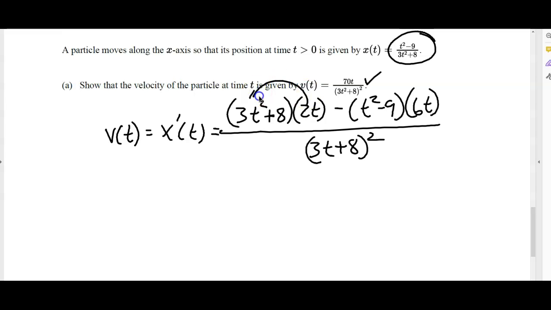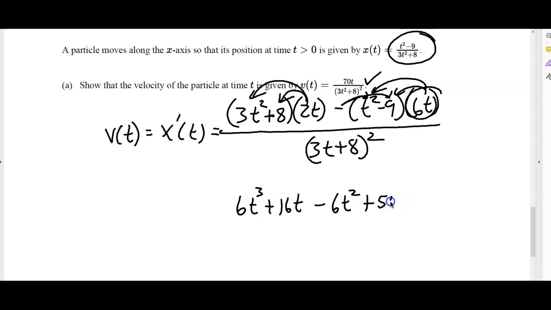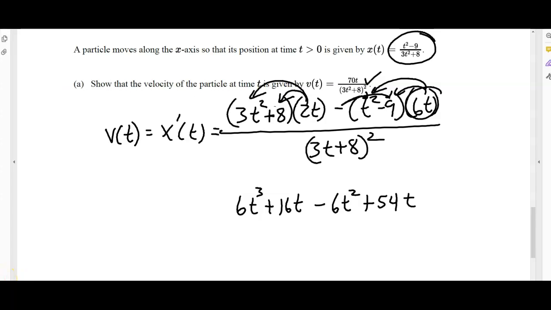So let's go ahead and start with some distribution. That gives me 6t cubed plus 16t. Distribute this and the negative. You get minus 6t squared plus 54t, I believe. I'm sorry, this is supposed to be a cube here, actually.